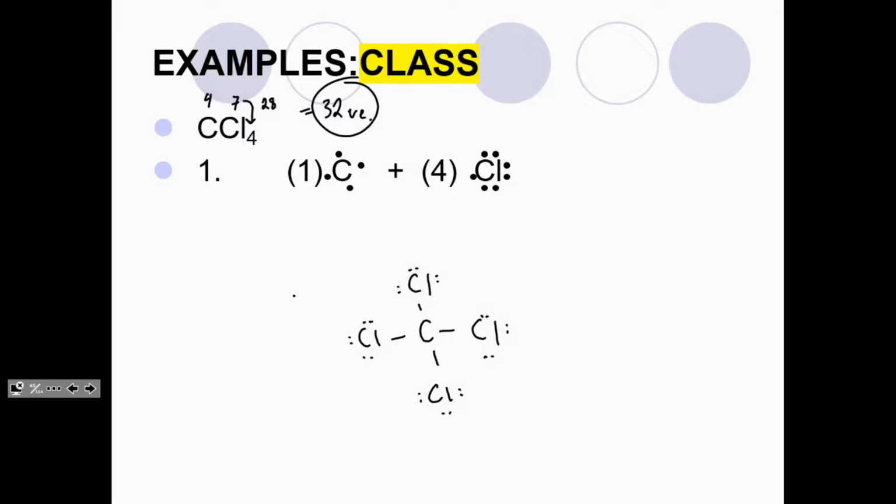And if I count up the electrons on each leaf of this drawing, I have 2 from the bond and 6 from the dots, which gives me 8. So each leaf has 8, and 8 times 4, I do have 32 drawn, which matches. So this is a good structure.